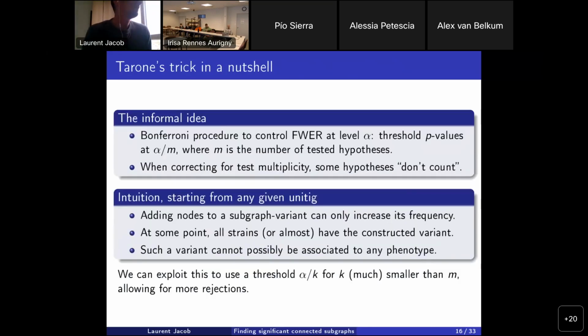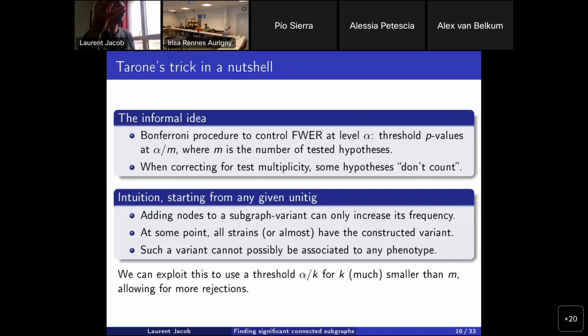The idea of testability was developed by a researcher called Tarone, and I will just give the summary of the idea here. The informal idea I started to give: you may have heard of what is very often used for multiple testing correction, the Bonferroni procedure. It controls the FWER at some level by thresholding the p-values.